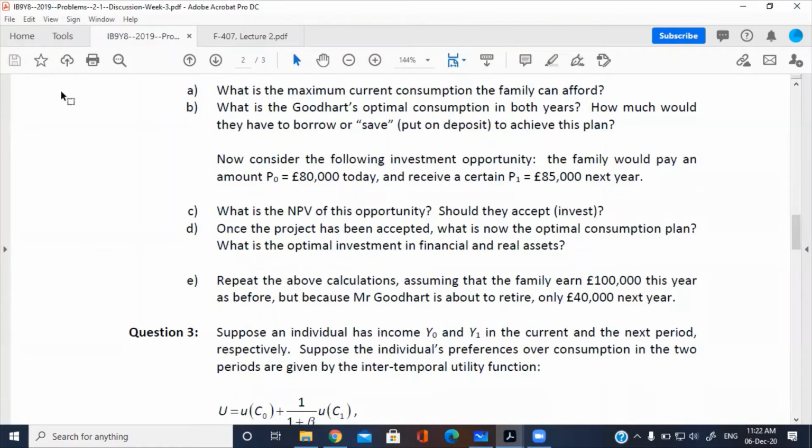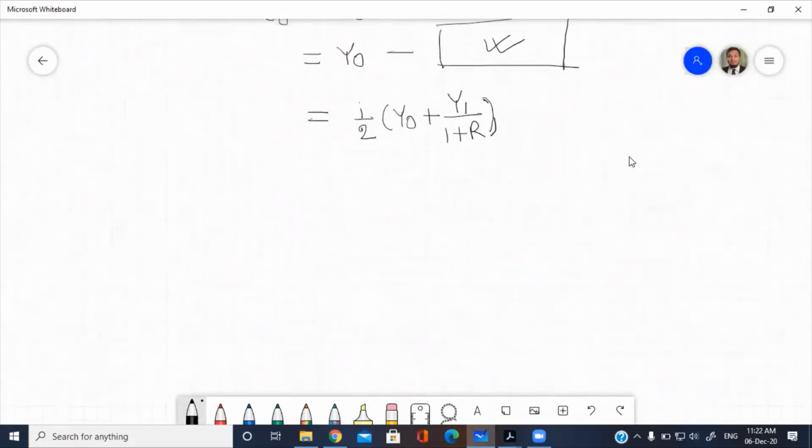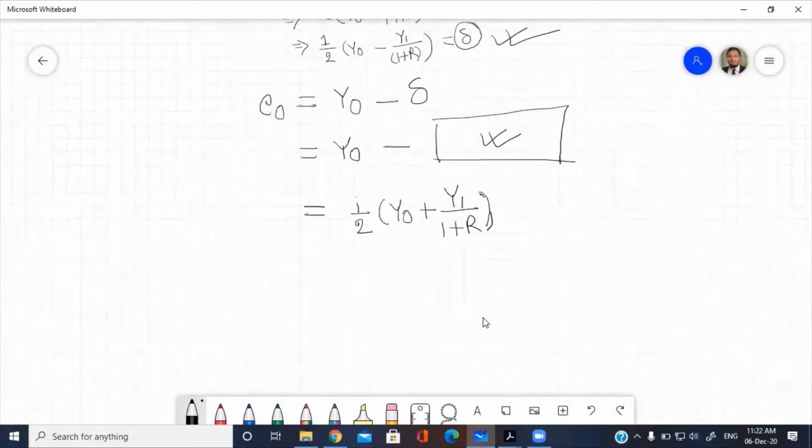Okay, so let me write, I'm coming to the board. Okay, the issue is that we need to find out what would happen to the optimal consumption in current period and optimal consumption in future period if the project is undertaken. But before going there, I'm just highlighting one issue.